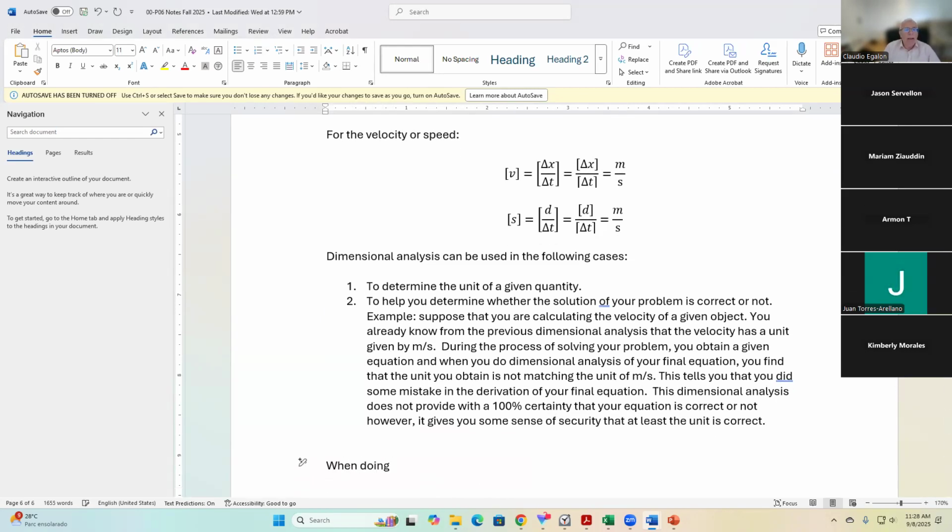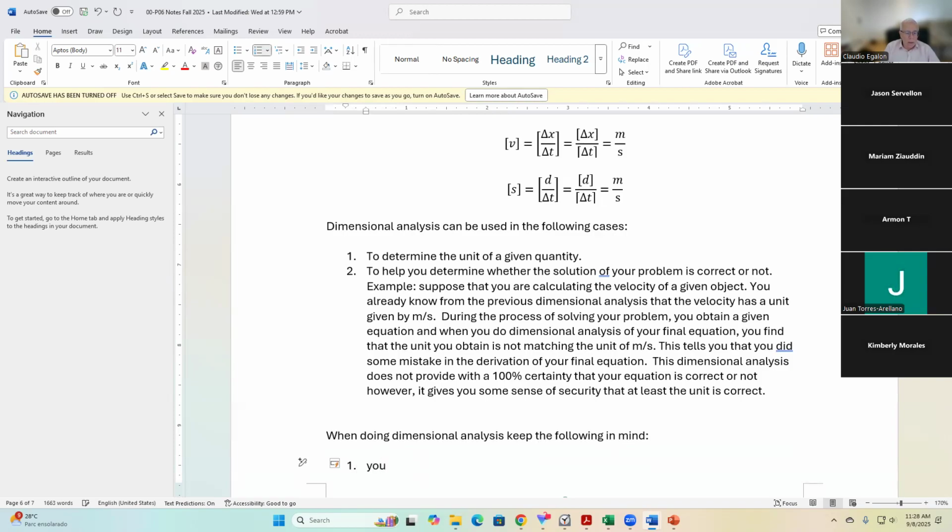When doing dimensional analysis, keep the following in mind. One, you may multiply or divide different and alike units.